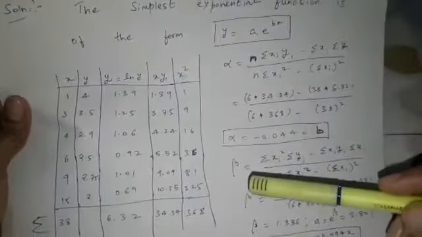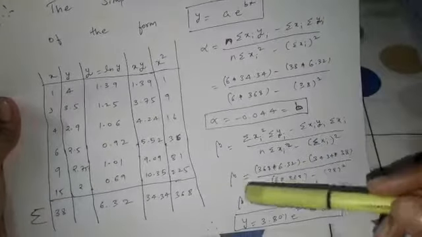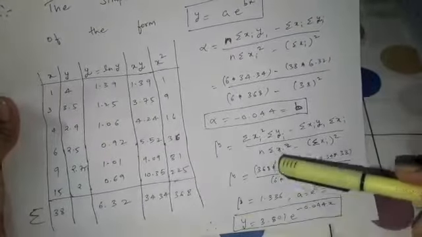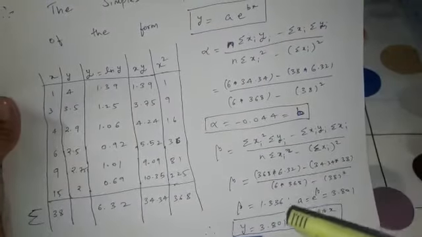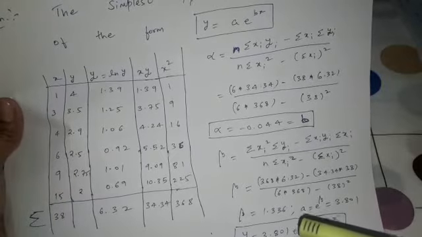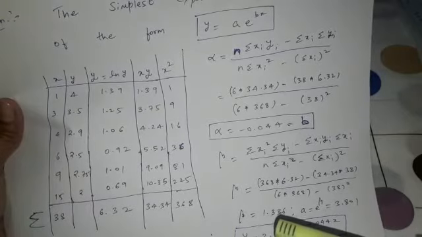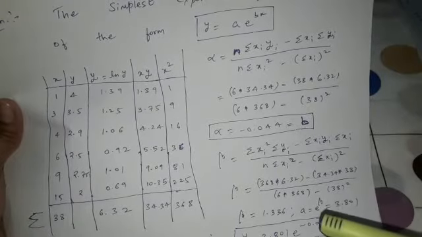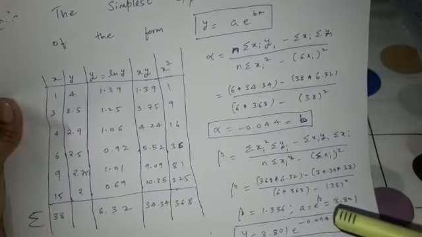Now let's find beta. Beta is given by this formula. Substitute all the values from the table. So beta is equal to 1.336. But we already saw in the last lecture that a is equal to e to the power of beta. So when you compute e to the power of 1.336, you will get a as 3.801.